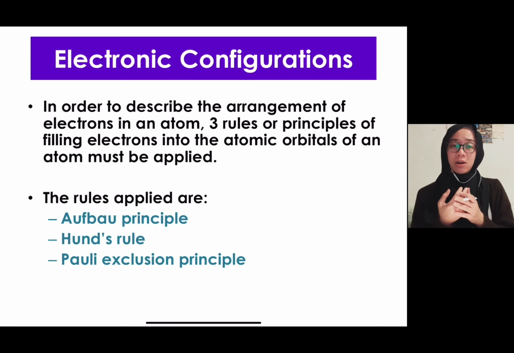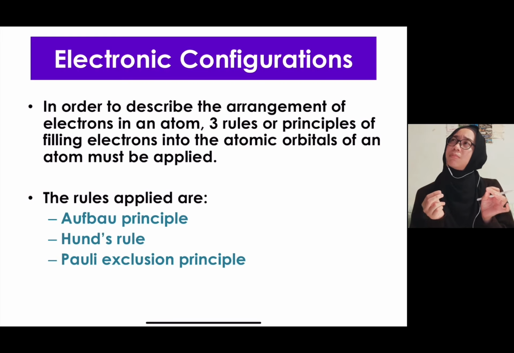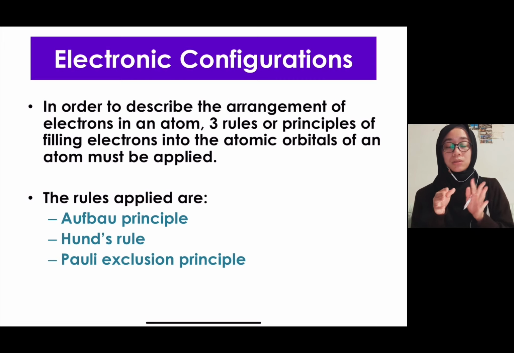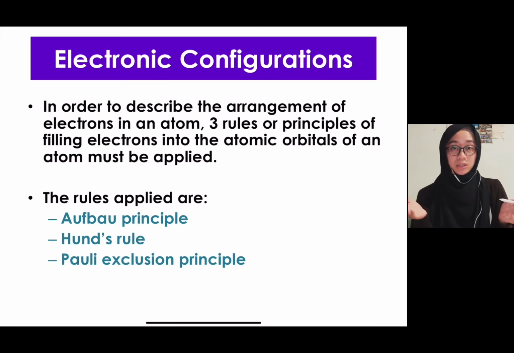Aufbau is actually not a scientist name. It is a German word for building up. Meanwhile, Hund and Pauli are the scientist names. Again, I want to emphasize, please spell correctly, because if you spell incorrectly, automatically your answer is incorrect.